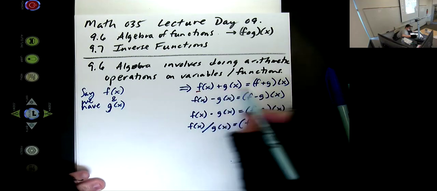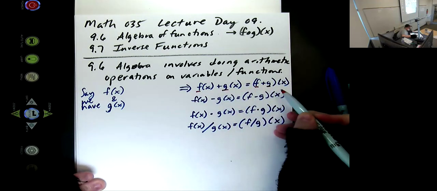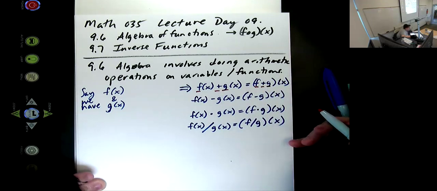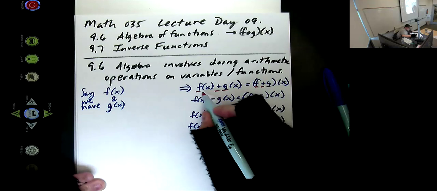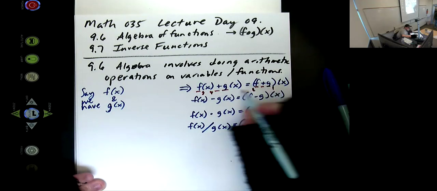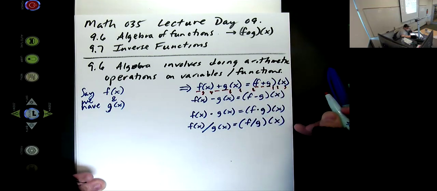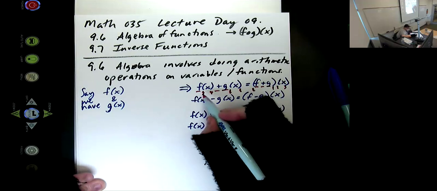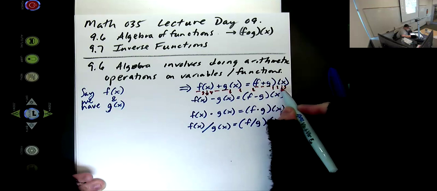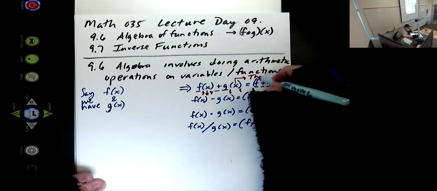I still have an f. I still have a g. I still have a plus sign. I had this set of parentheses. I have this set of parentheses. I've got one x. And that's what we saved.